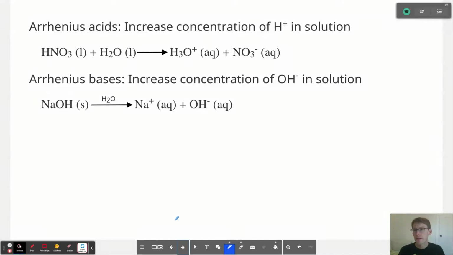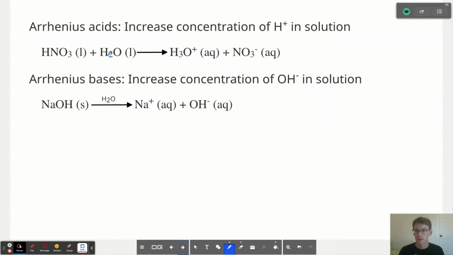Now, there are different definitions of acids and bases, and two of them we're going to get into in a later video, but one today in this one. The Arrhenius definition of acids and bases is that acids are just things that will increase the concentration of H+ in a solution. And actually, it's really H3O+ that you get from them, because they'll react with water.